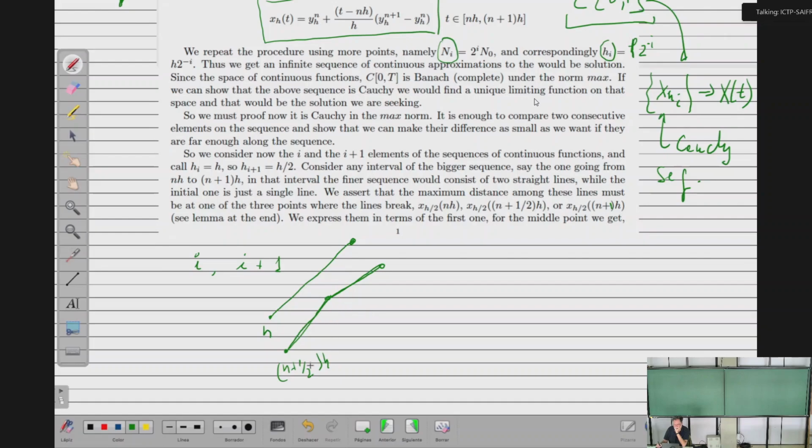So these are the 3 points. NH, this is n plus 1/2 times h, and this is a point n plus 1 h, and this is n plus 1 in the other. Right, so we have to compare these two.